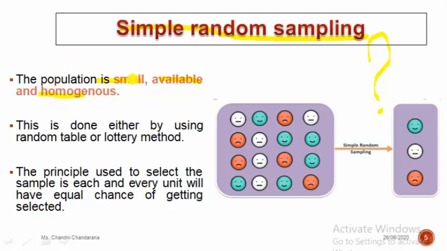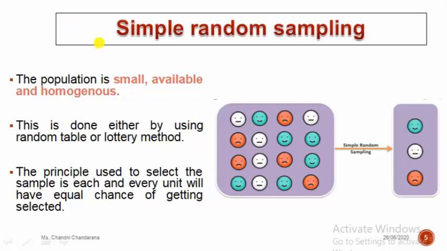So here we have a small population, and this is done either by using a random table or the lottery method. Whatever sample is selected, you have to select the sample randomly. The principle used to select the sample is that each and every unit will have an equal chance of getting selected.